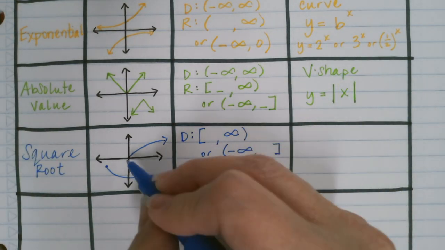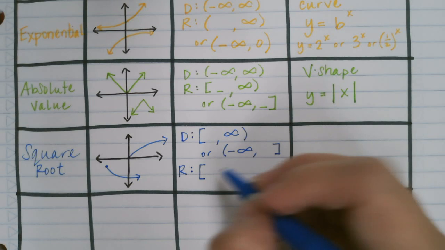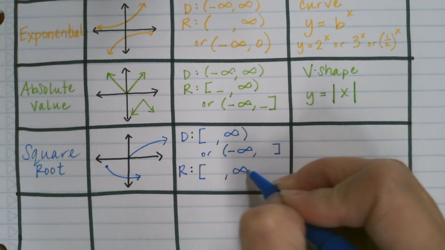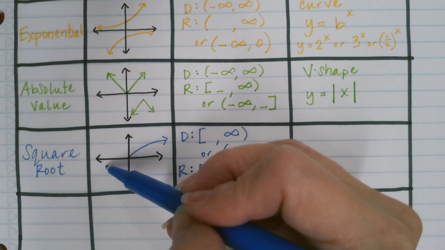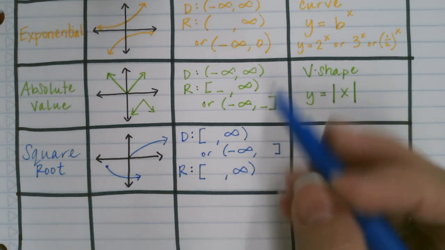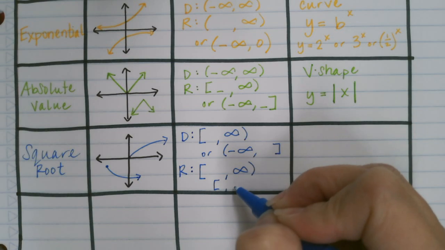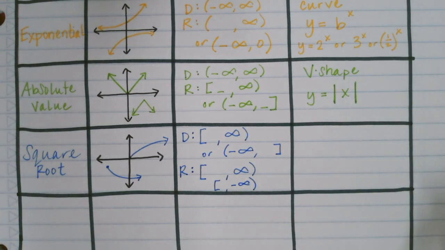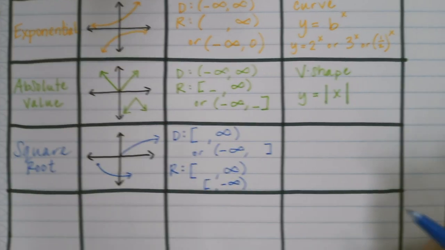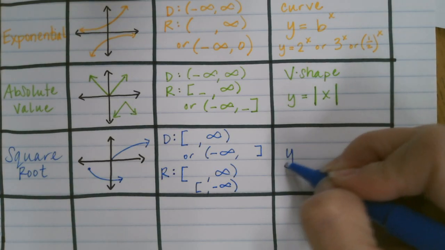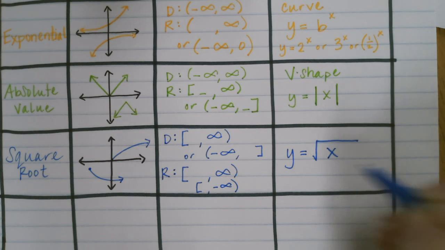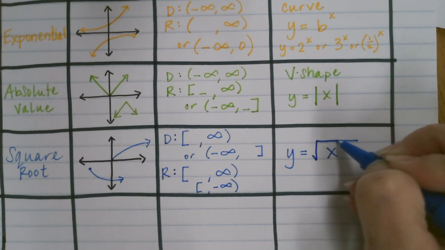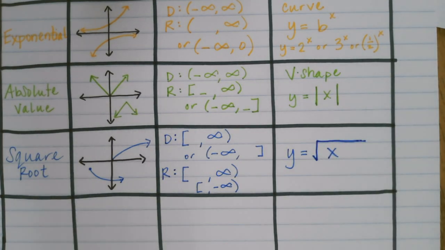So you're going to have a starting point, and then it's going to continue up forever. Or maybe you have a starting point, and it's going to continue getting smaller forever. All right, so a square root equation is exactly what you would think. It's going to be the square root of x.